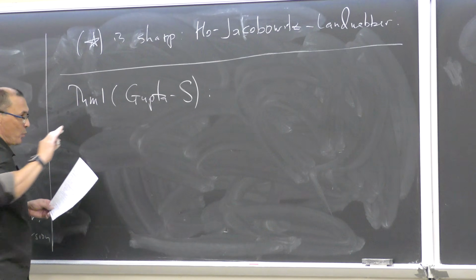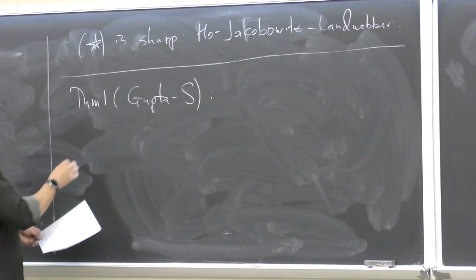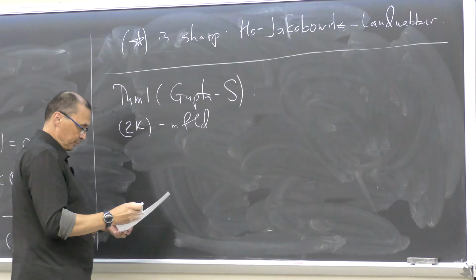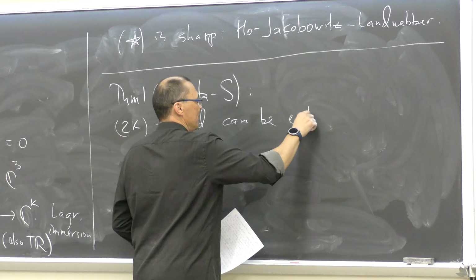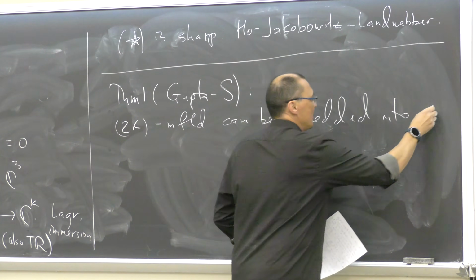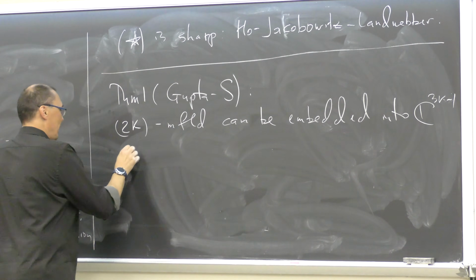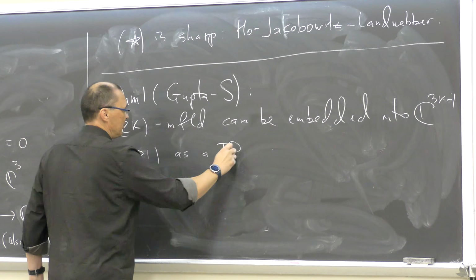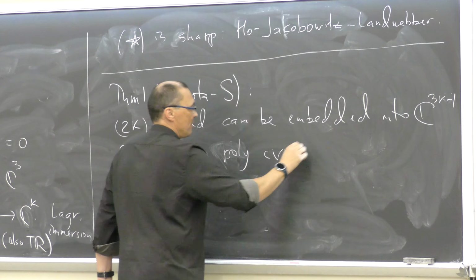So again, we're working with smooth closed manifolds, and then we say that a 2k-manifold can be embedded into C^(3k-1) for k bigger than 1 as a polynomially convex manifold.